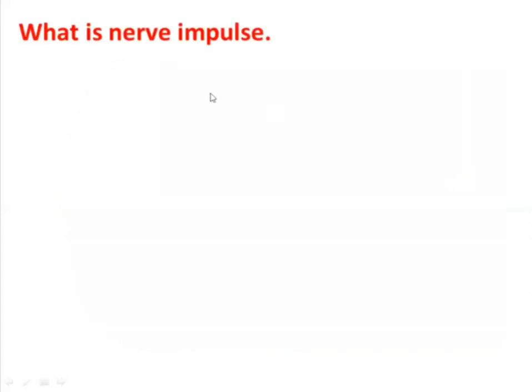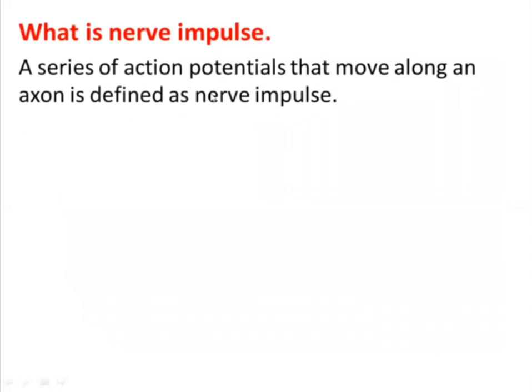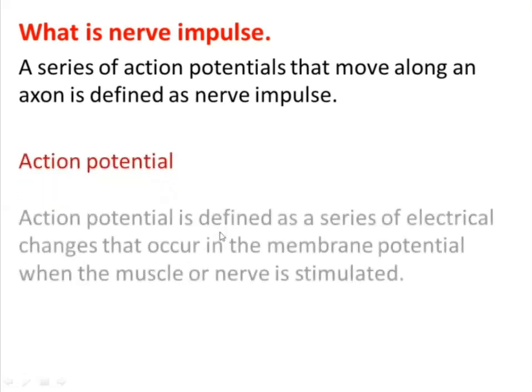Then we will see what the nerve impulse is. A series of action potentials that move along the axon is defined as a nerve impulse. The action potential movement in the axon is called a nerve impulse. Then we will see what an action potential is.